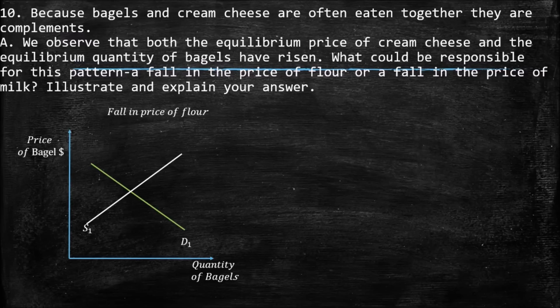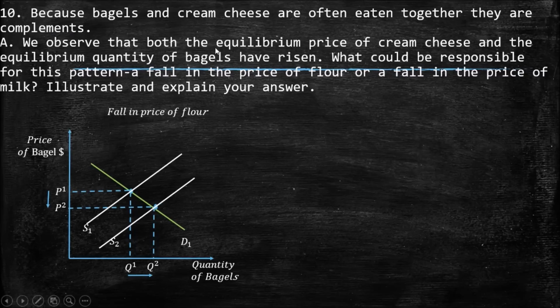In this case, a fall in the price of flour is going to shift the supply curve to the right, because the supply increases. So here we have the equilibrium price and equilibrium quantity. With the shift to the right of the supply curve, we have a decrease in price and an increase in quantity.